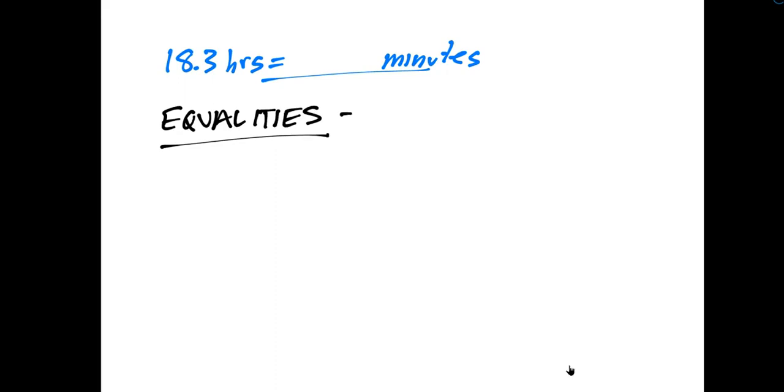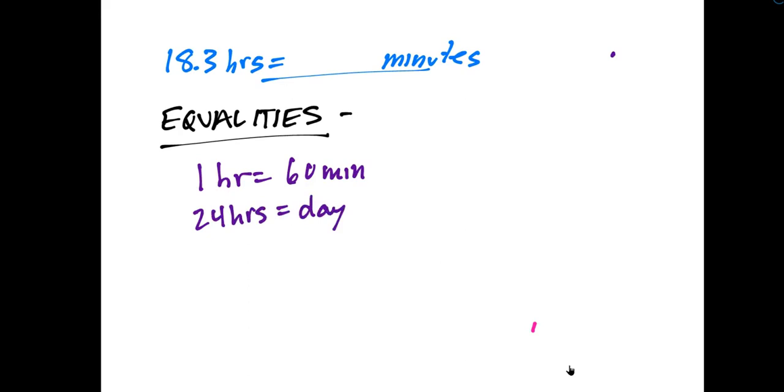But you know that 1 hour equals 60 minutes, and vice versa. You know that there's 24 hours in a day. That might be helpful. That's probably all we need.